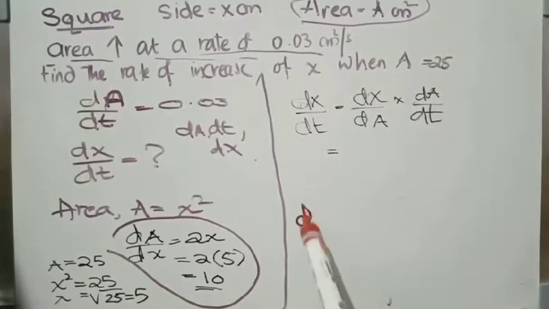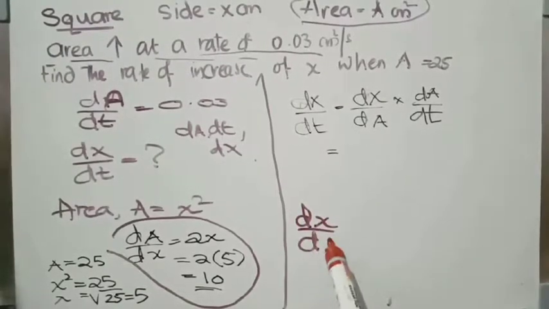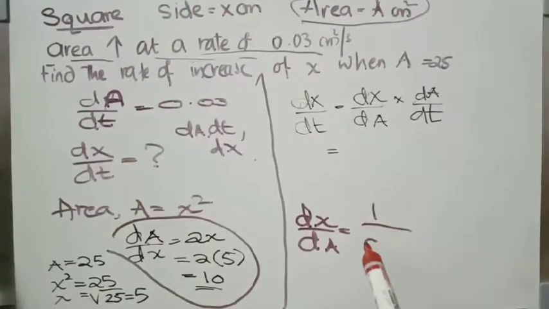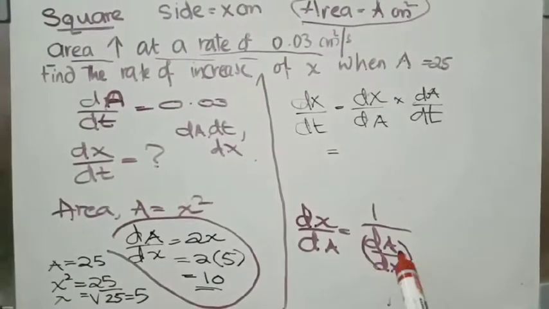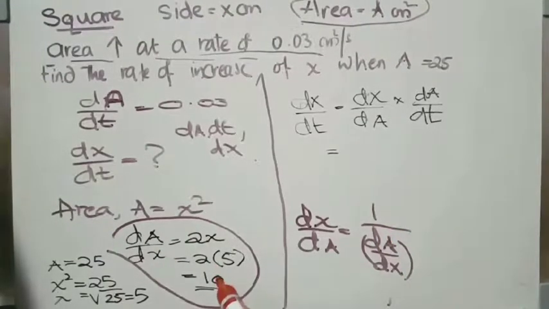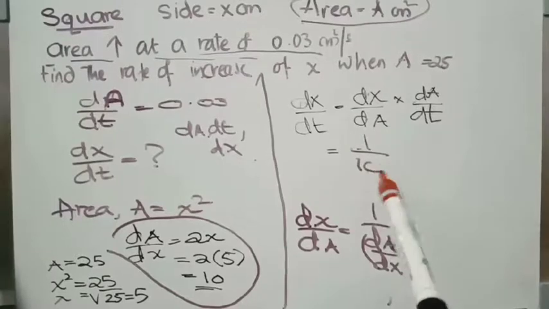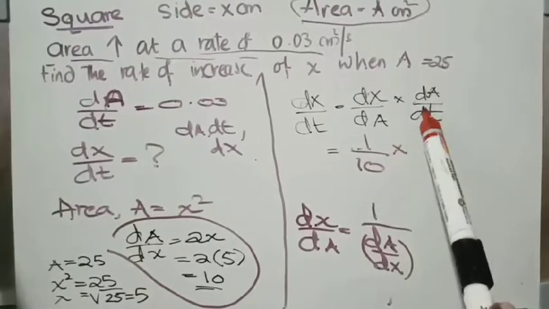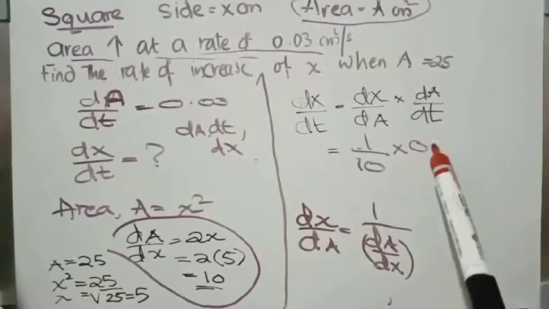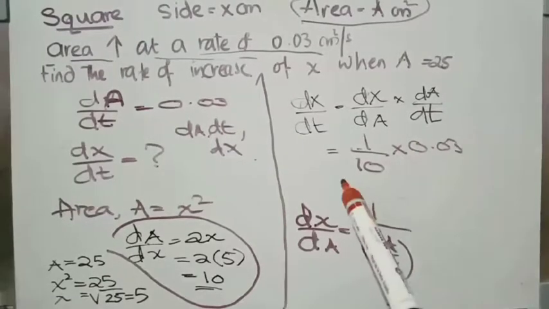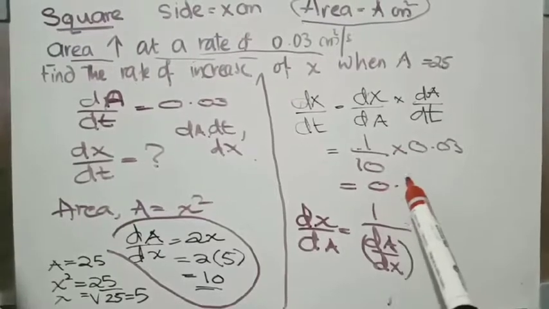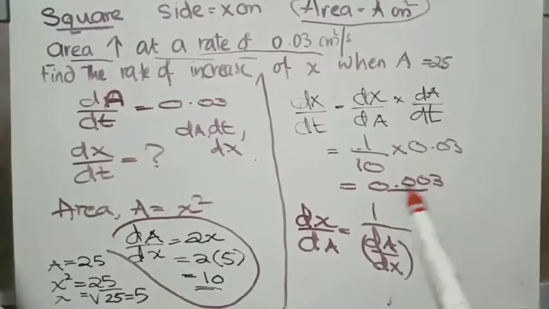So remember, dx by dA is the reciprocal of dA by dx. So when you take the reciprocal of dA by dx, which is 10, we get 1 by 10, multiplied by dA by dt. dA by dt is 0.03. When you do this, we get 0.003 as result.